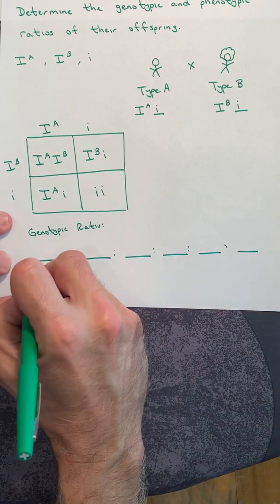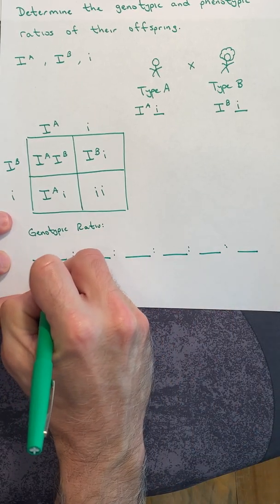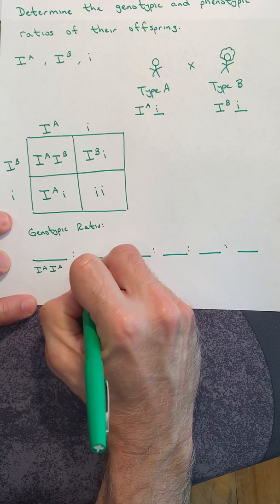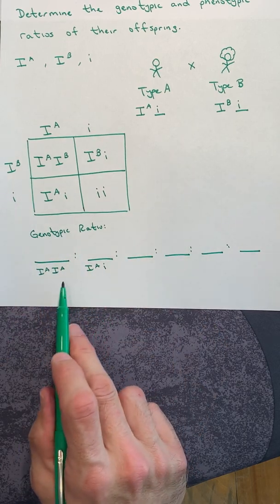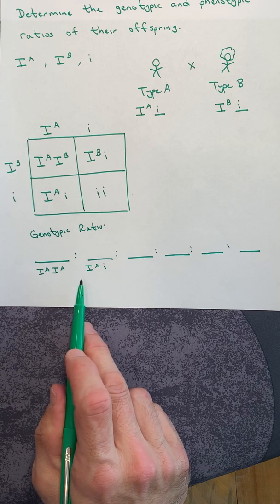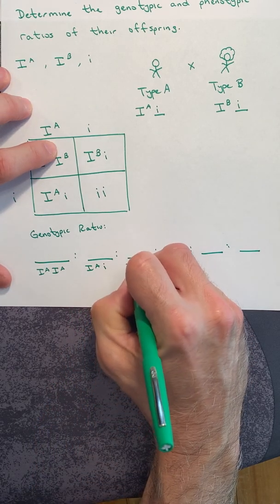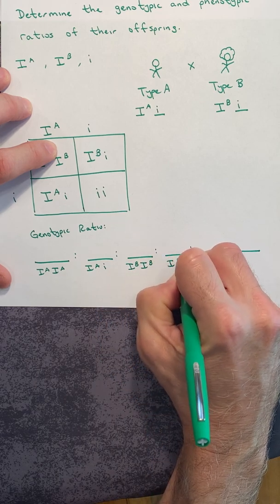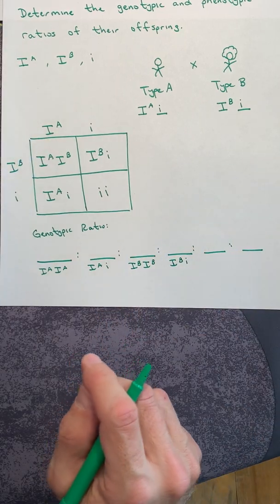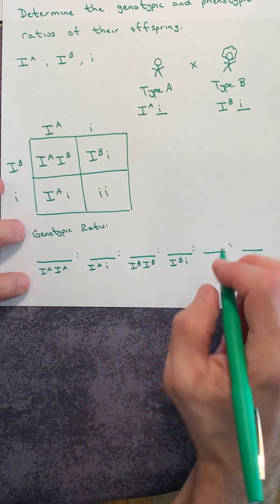Sure. Because you have IA, little i. You have those two. Then for Bs, you have IB, little i. Then you have AB.